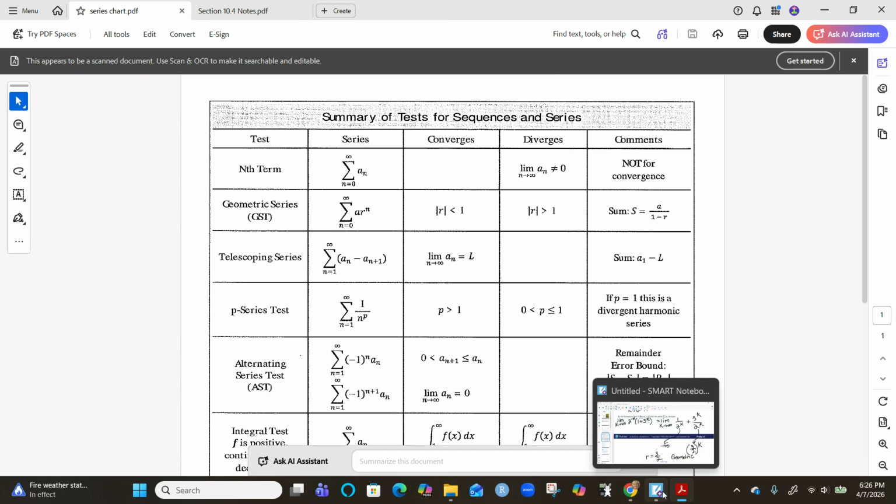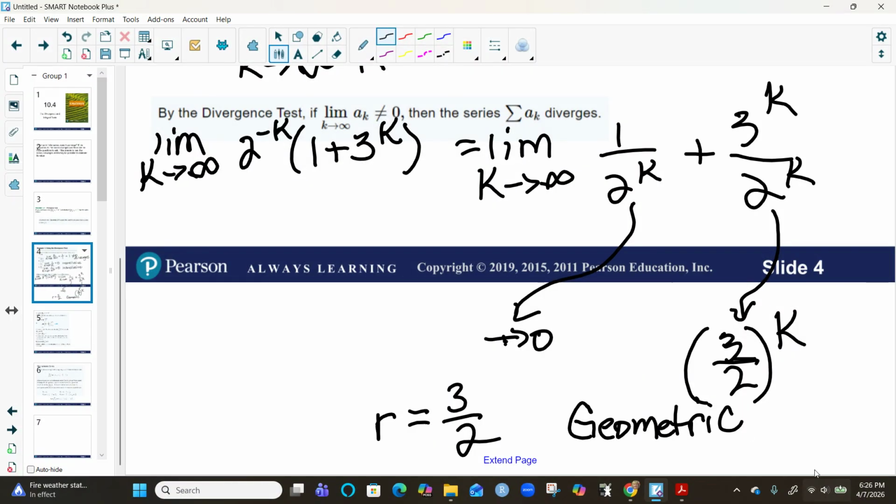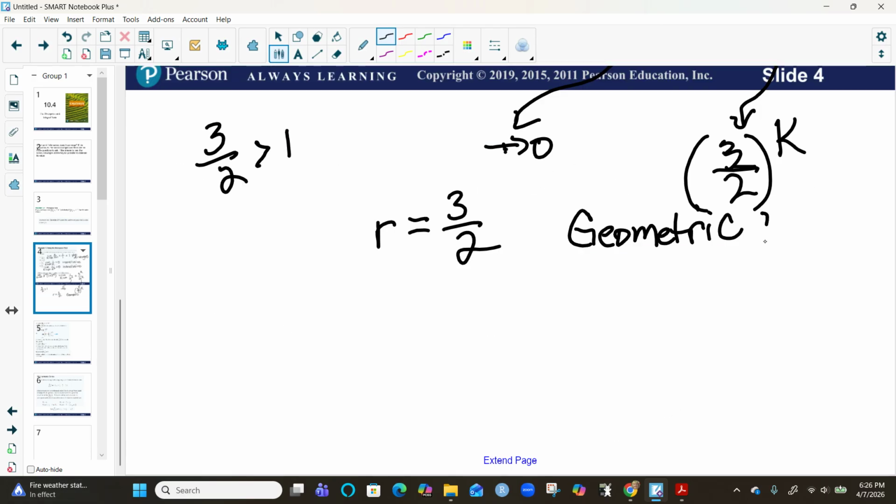And if you think about this mathematically, just numbers, 3 over 2 is bigger than 1. So every time I multiply by another 3 over 2, I'm going to continually get a bigger and bigger and bigger number. So in essence, what is happening with this is going to infinity. And by the geometric test, we know that this diverges.